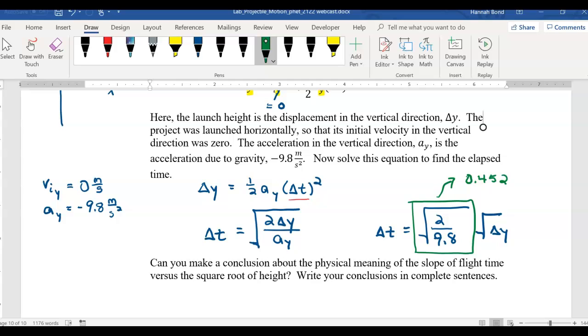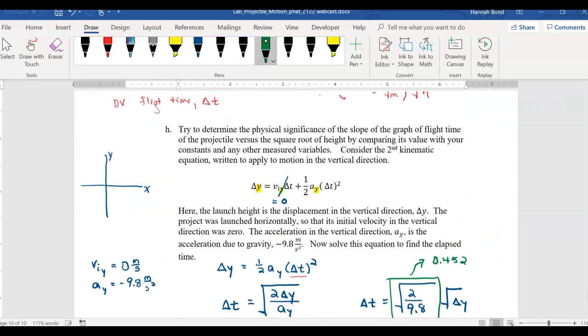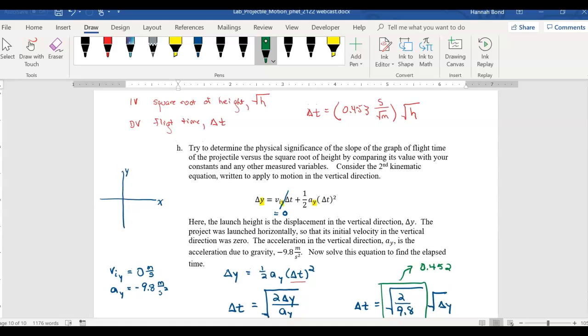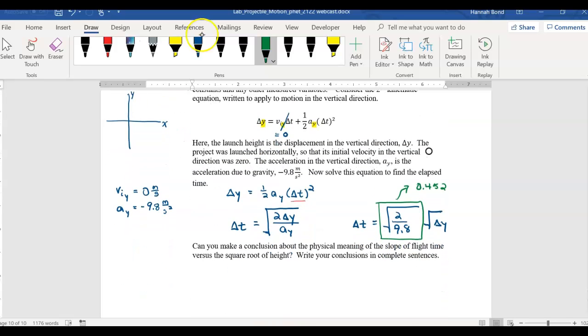Wow, look at that. That value is quite similar to our slope in the physics equation up there. We had a slope of 0.453, and this square root of 2 over 9.8 has a value of 0.452.